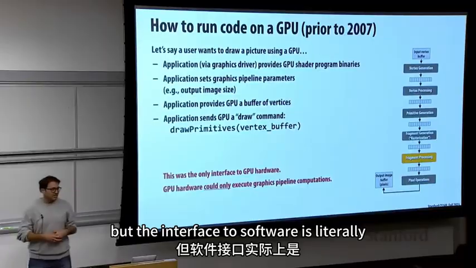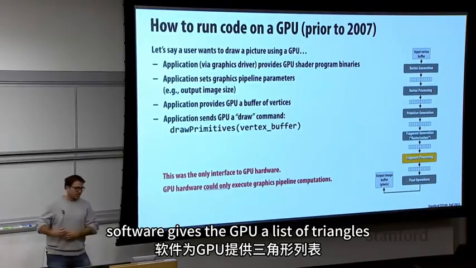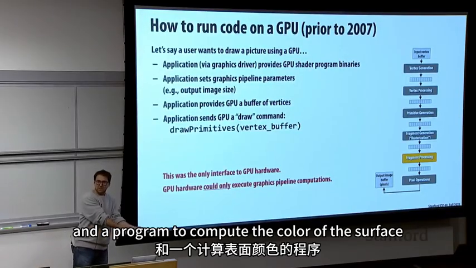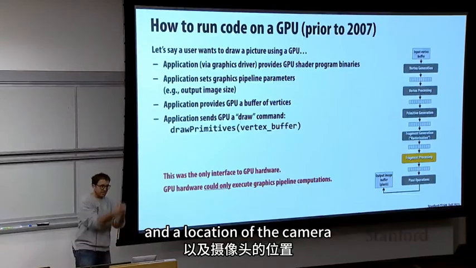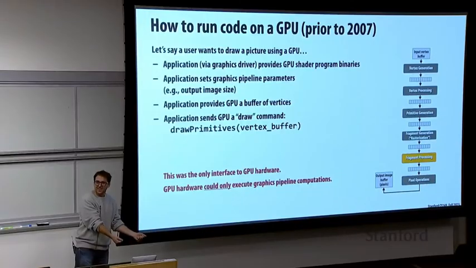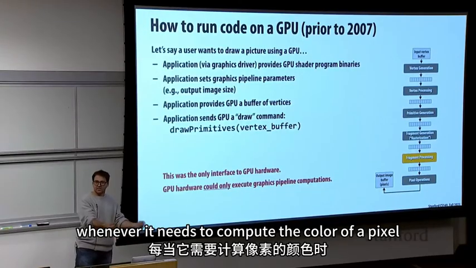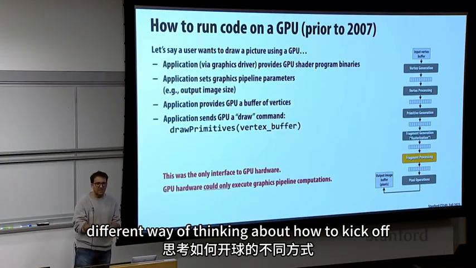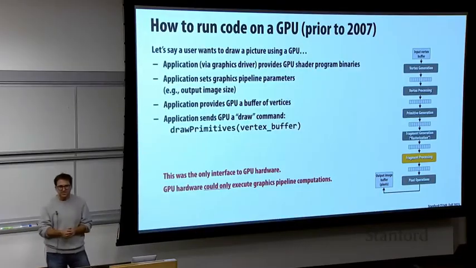But the interface to software is literally, software gives the GPU a list of triangles and a program to compute the color of the surface and a location of the camera, and then the pipeline just runs. And it runs that program whenever it needs to compute the color of a pixel. Very, very different way of thinking about how to kick off computation.